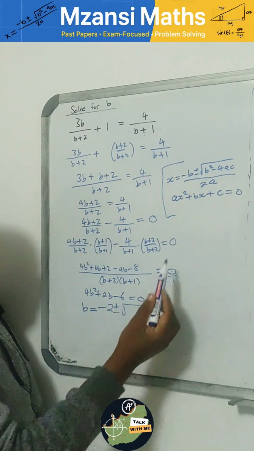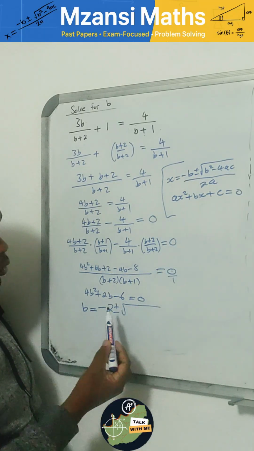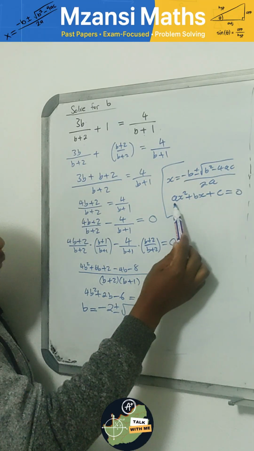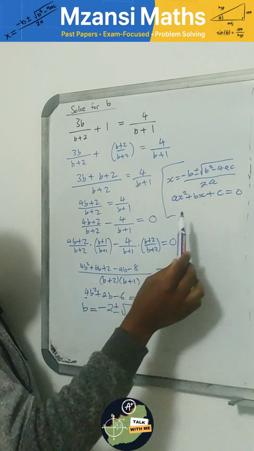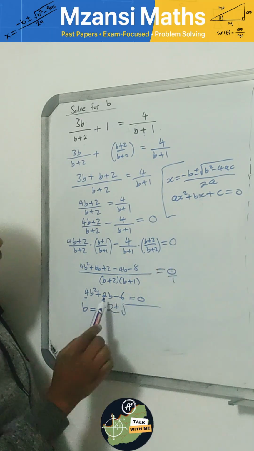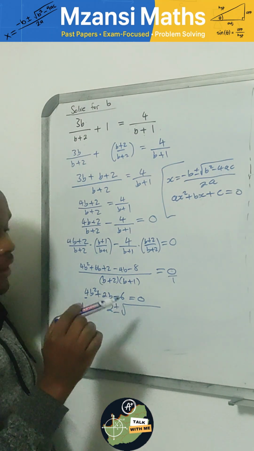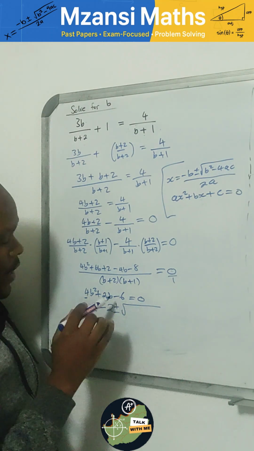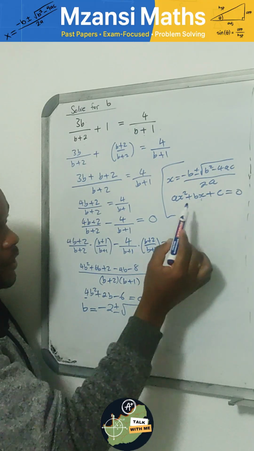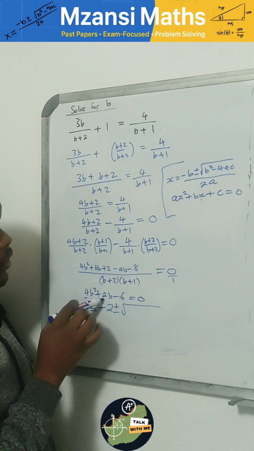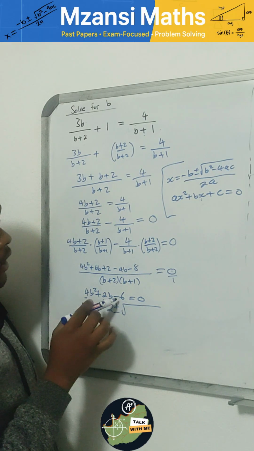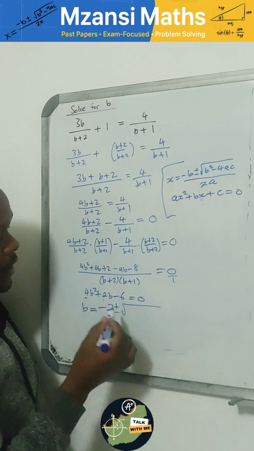So this is how we substitute. We look at the coefficient of a. In this case, it is 4. Look at the coefficient of x. In this case, our x is b, right? Sorry for that confusion, but in this case, our x is b, right? So the coefficient of b is 2, right? And then our constant is minus 6.